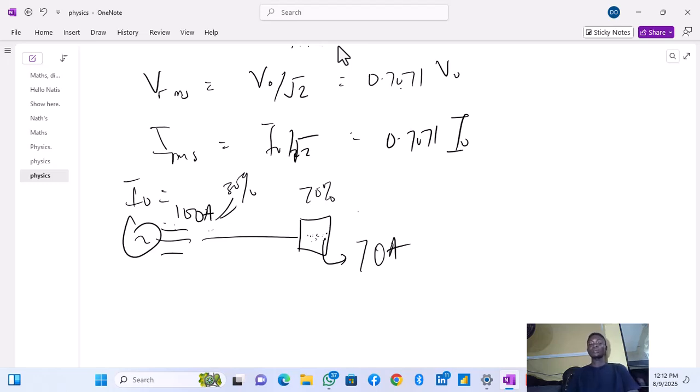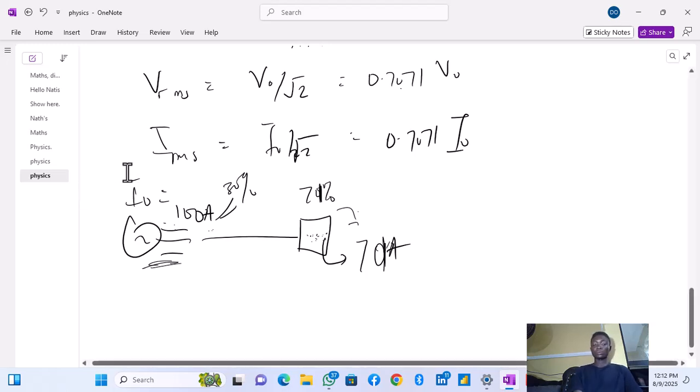Only 71% will produce a heating effect. Do you get that now? So we can actually see the RMS as the effective current or the effective voltage that will produce that heating effect. Because not all the 100 coming from these mains will produce a heating effect. Only 70%, 71% of it will. I think that's clear enough.